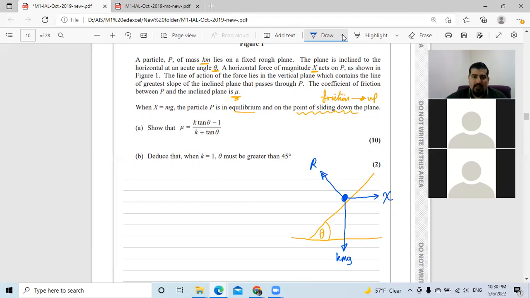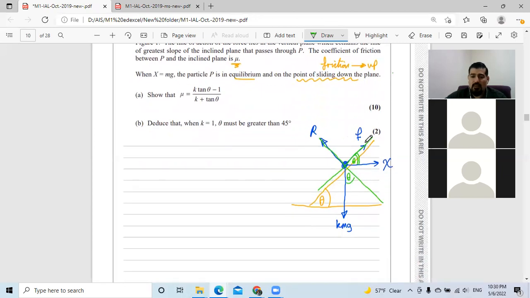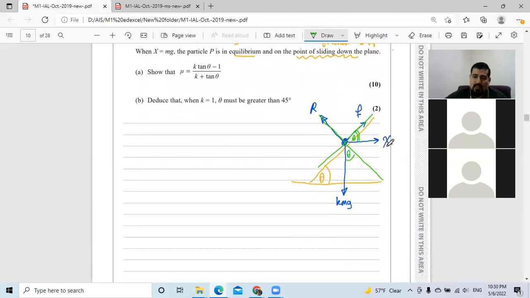Since it's sliding down the plane, the friction is up. Now I'm going to choose two axes, one parallel to the inclined plane and one perpendicular to it, and this angle is theta, and also this angle is theta. So I'm going to resolve the two forces, x and the weight kmg. We know that x is equal to mg.